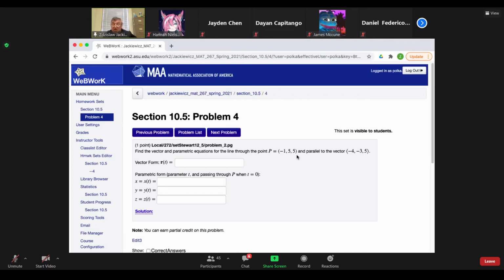So of course you can write the equation of the line as r equals P plus vt, and then you substitute. So again, r of t is minus 1, 5, 5 plus t times minus 4, minus 3, 5. And then, if you compare the first component, second component, third component, you will get parametric equations. So absolutely routine.